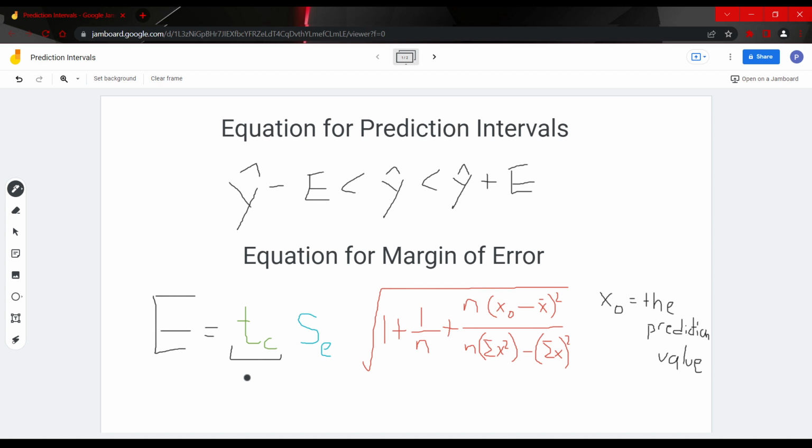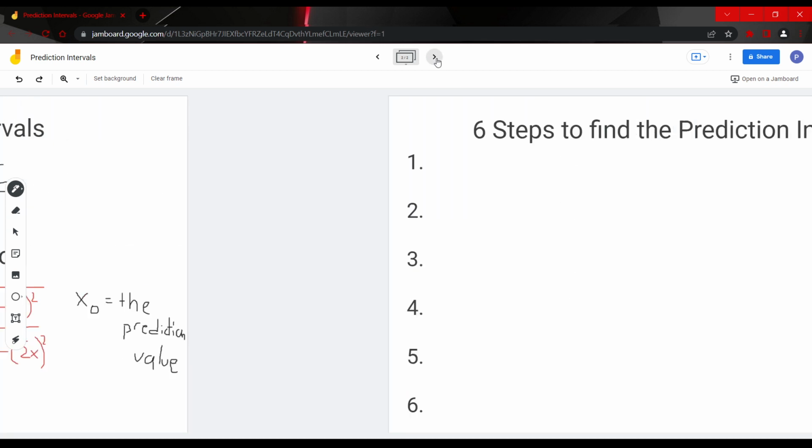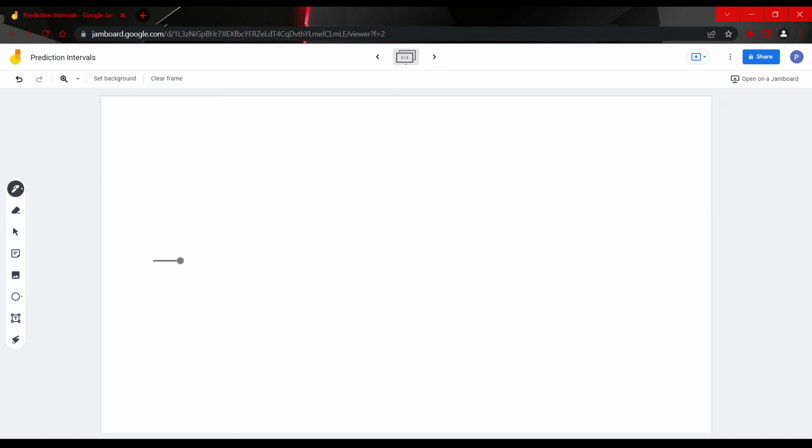Alternatively, you will need to divide 1 minus confidence level by 2, and use the two-tailed value for that. Let me show you what I mean. Remember that the confidence value is the number that is inside here, right?